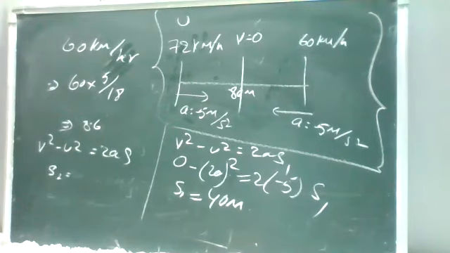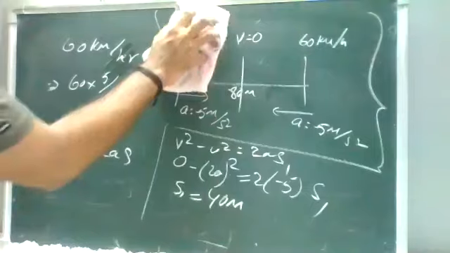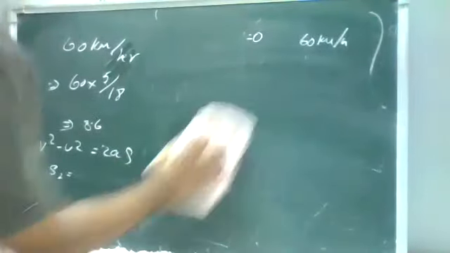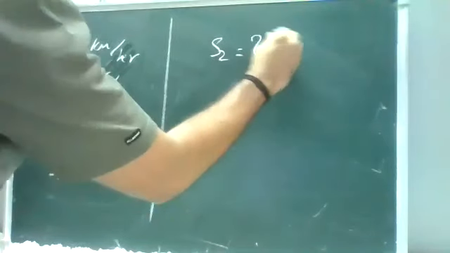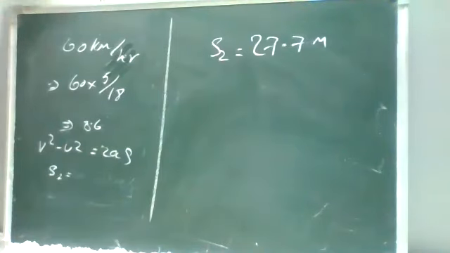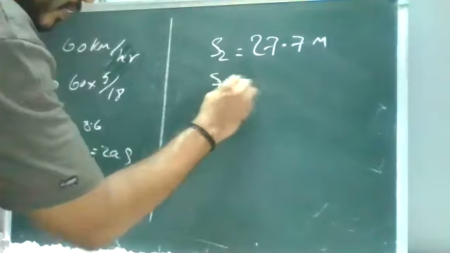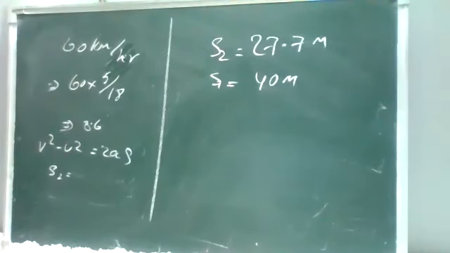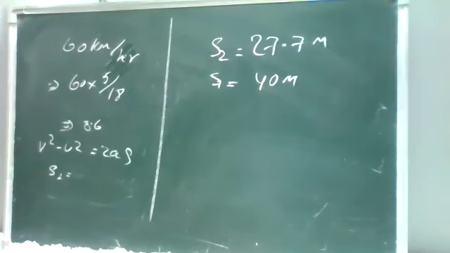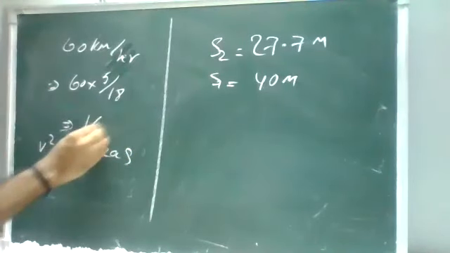What happened? You are taking a long time, please be a bit quicker. Find S2 from this. Yes, ma'am, S2 is approximately 27.7 meters. Then the velocity: 60 into 5 divided by 18, so the answer is 16.6 meter per second.